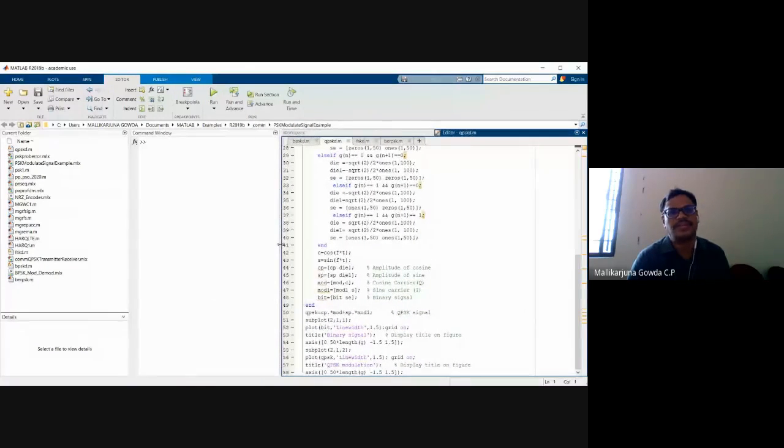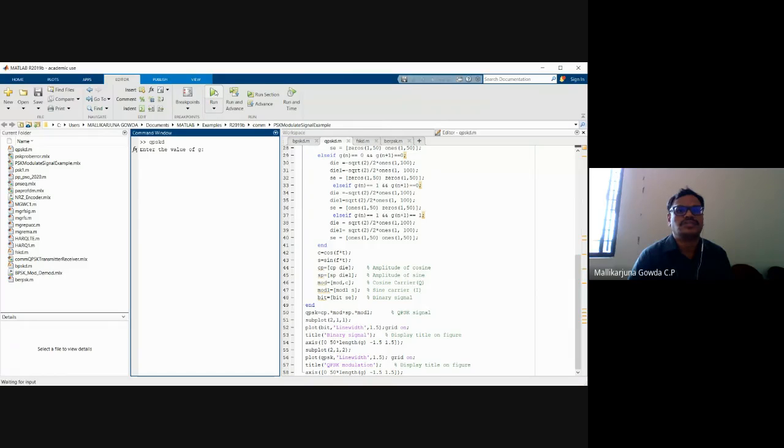Same thing here also, I'm feeding input data, the binary sequence, through the keyboard. First it will ask for the input sequence. So let me say it is 1, 1, 0, 0, and 1, 0, then 1, 0.